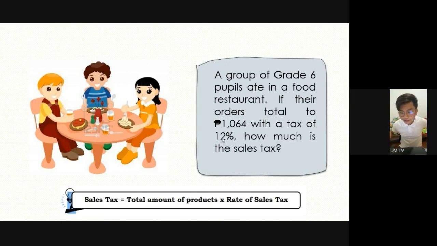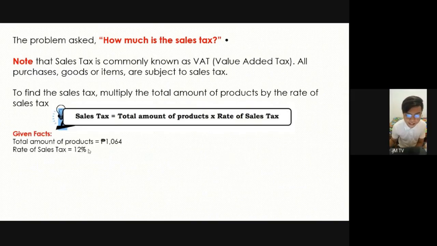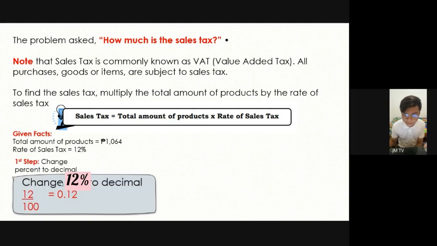Ito yung gagamitin nating formula. Sales tax is equals to total amount of the products times rate of sales tax. Substitute na natin siya. The problem asks, how much is the sales tax? The total amount of products is equals to 1,064. The rate of the sales tax is 12%. Now, na-change na natin siya sa decimal.